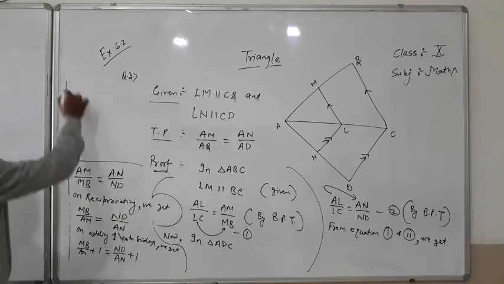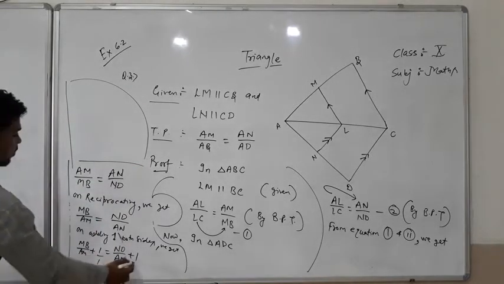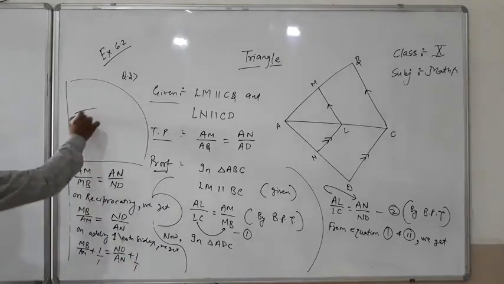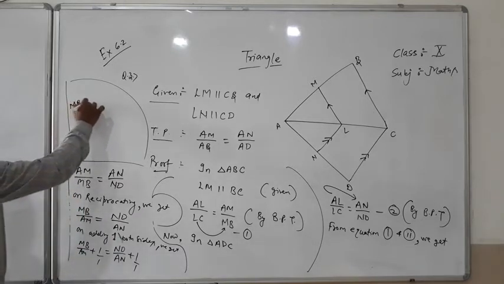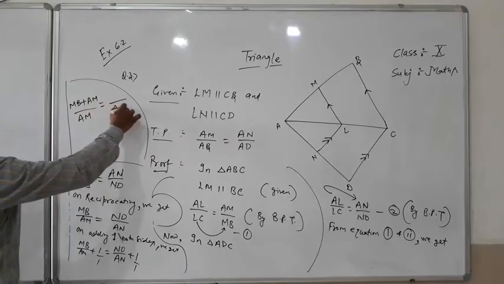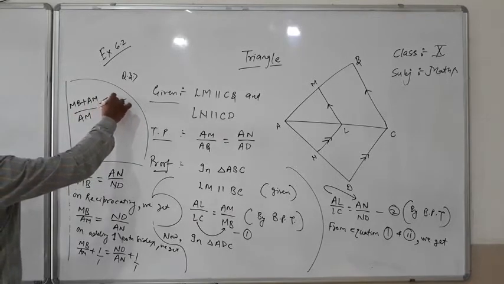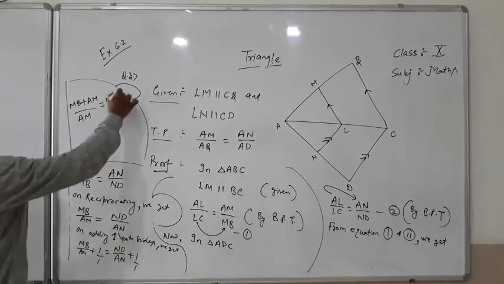बच्चों, मैं यहाँ पर कर रहा हूँ सॉल्व, इसके बाद क्या देख सकते हो, AM 1 1 can be written as 1 upon 1, 1 can be written AM upon AM. So AM upon AM, so AM से AM cancel, that is MB plus AM is equal to ND plus AM upon AM.